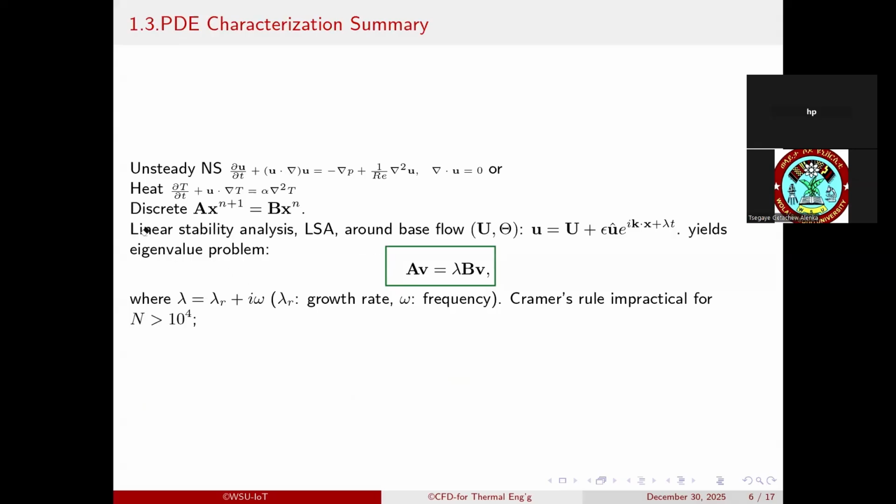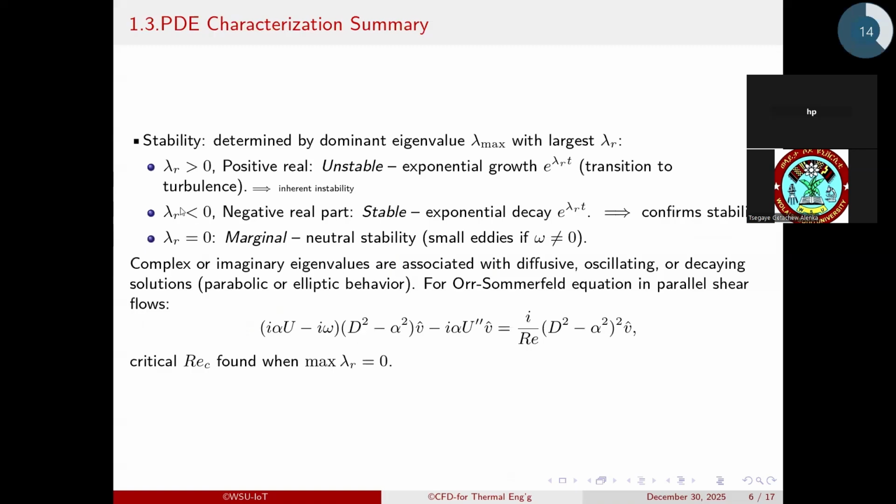Solution characteristics are therefore determined by real characteristic values associated with wave-like growing solutions, hyperbolic behavior, or imaginary characteristic values associated with diffusive or decaying solutions.